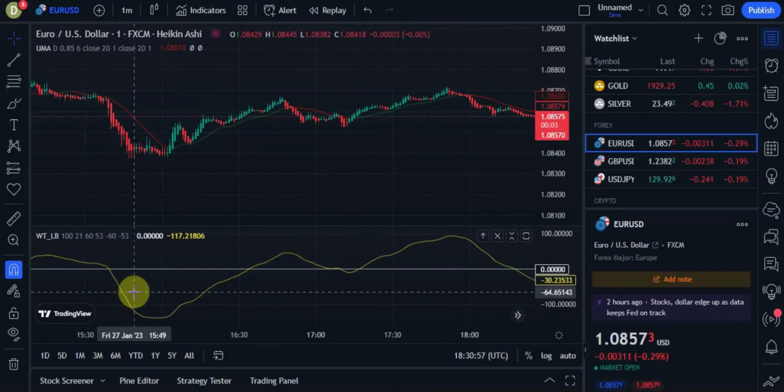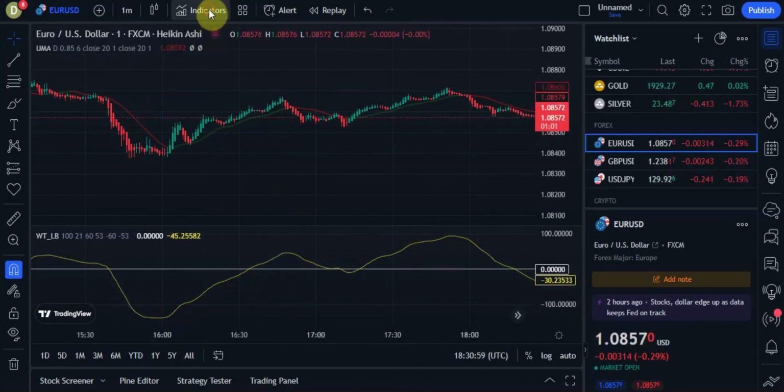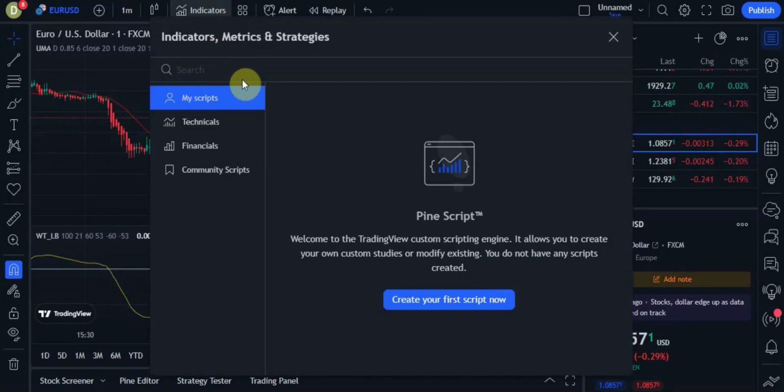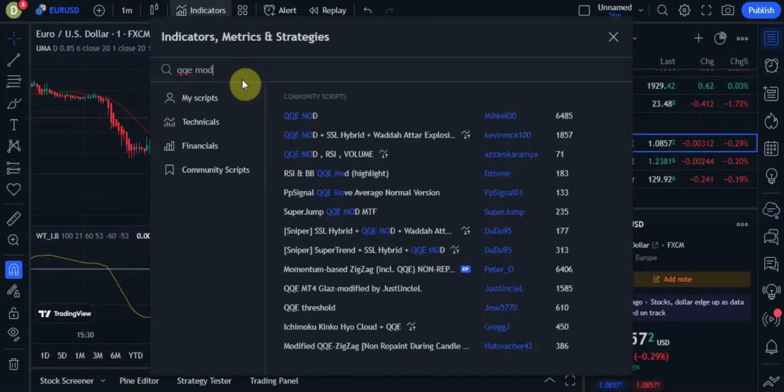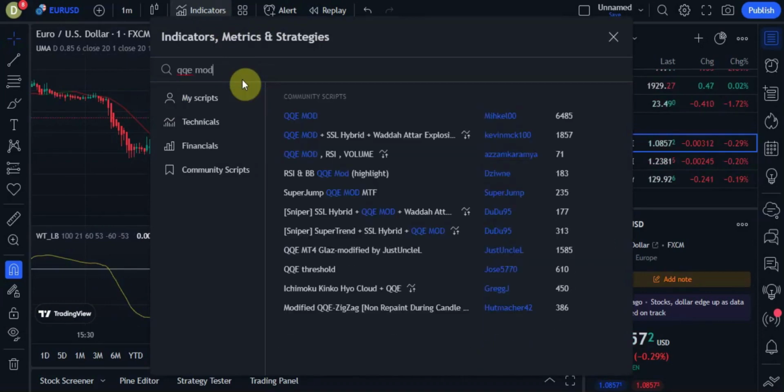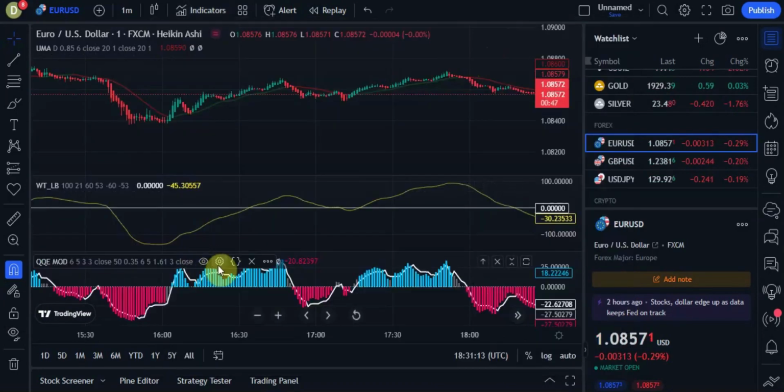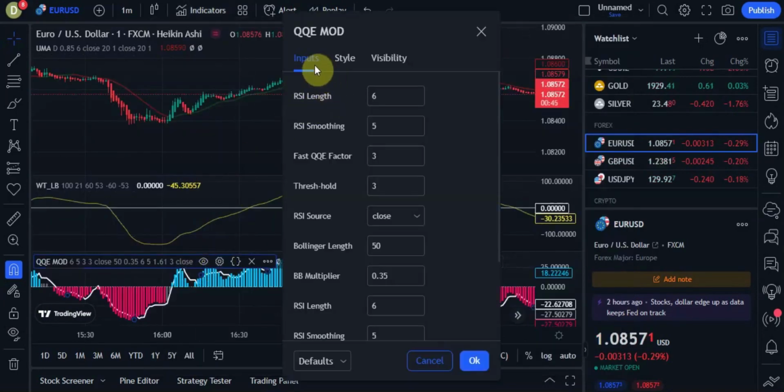And our third and final indicator will be QQE mod. Let's search for that one. Here we go. And let's go to Settings, Inputs, and then we'll change the RSI length to 50.